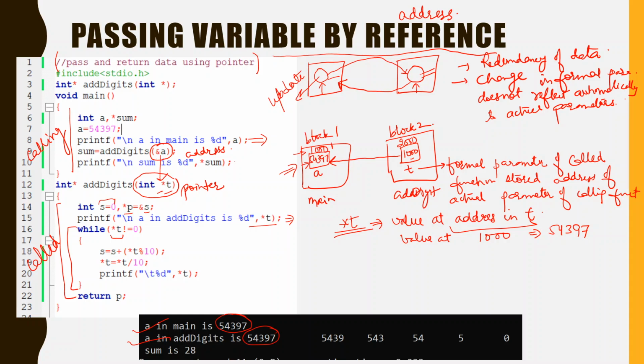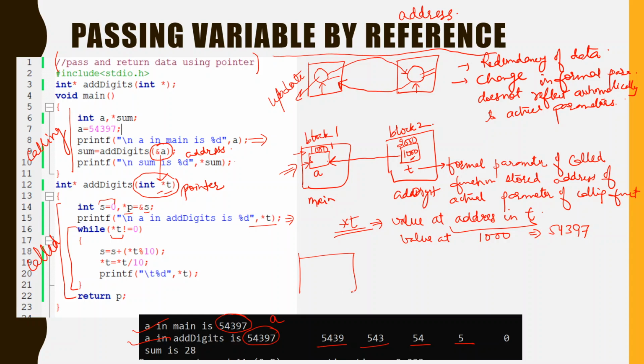Here the t stores the address, so pointer t would denote the value. So 54397, which is the value of A, is changed to 5439, 543, 54. So this value is updated.